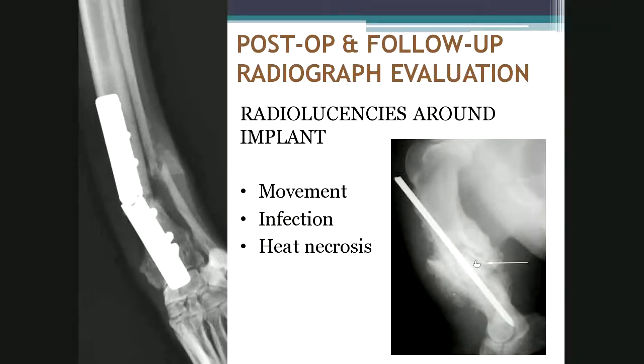This is due to sequestrum formation. So the sclerotic fragment is a dead piece of bone, and the radiolucent area around it is a region filled with purulent material. So this will be an osteomyelitis associated with fracture repair. And we'll discuss all of this a little bit more when we look at osteomyelitis in that lecture.